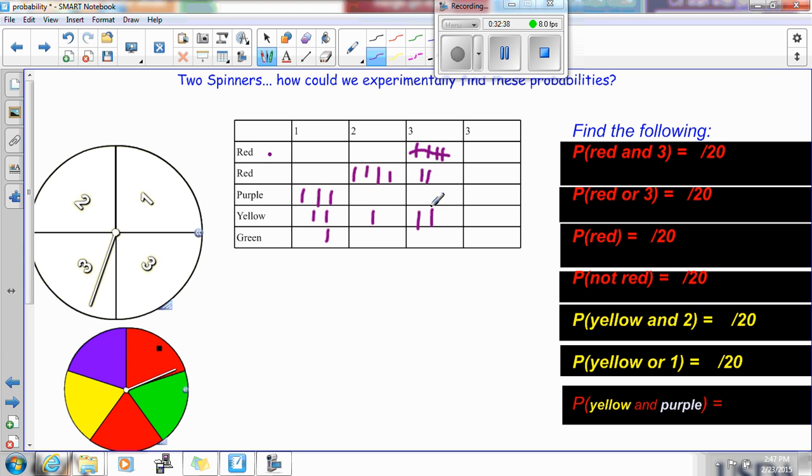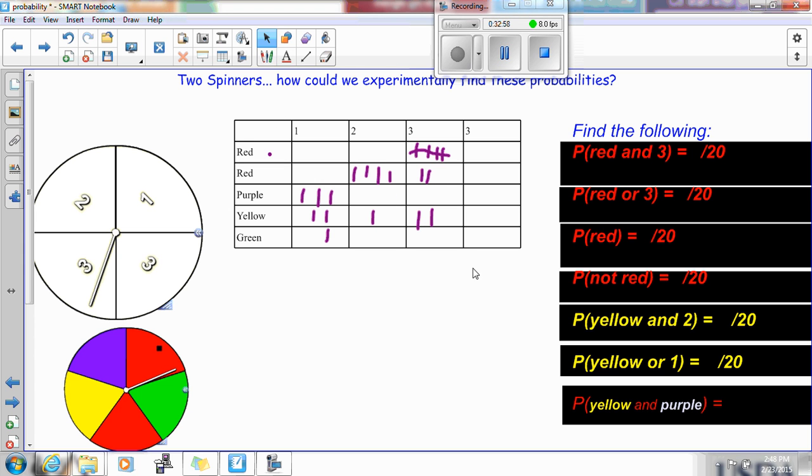Okay, so that's 5, 10, 15, 20. Okay, that's good. 5, 10, 5, 10, 15, 20.